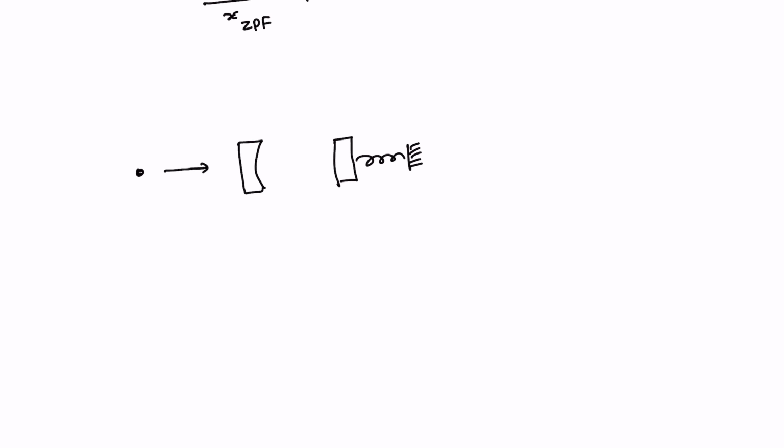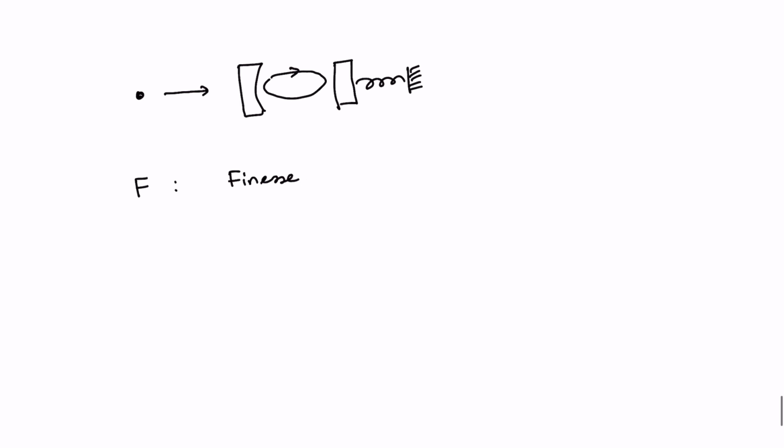Okay, now what is going to happen is that once this photon is entering into the cavity, it's going to make a lot of round trips depending on a quantity called f, which is called finesse. This gives the number of oscillations of the photon inside the cavity. Now because of this, the change in the momentum of the photon is going to be finesse into delta p.